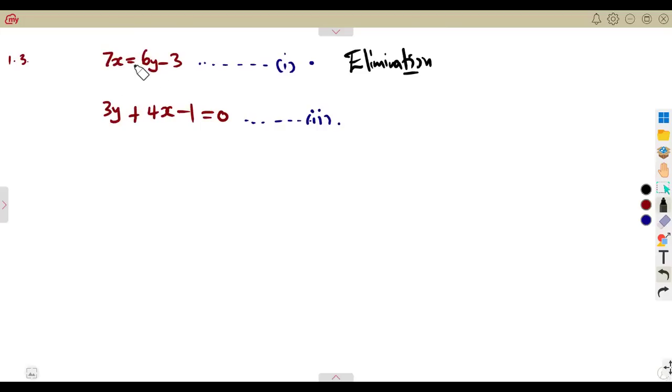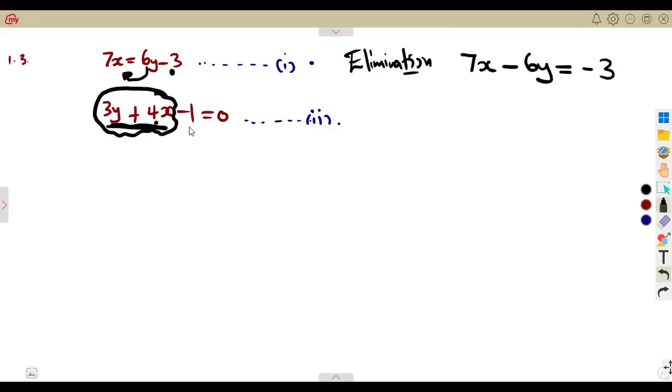If you consider equation 1, okay, equation 2, we can see that we are given x and y, which is fine, they are positive. So we can take the y this side, so that it can be written as 7x minus 6y is equal to minus 3, which is remaining this side. Already here we've got x and y on the left-hand side.